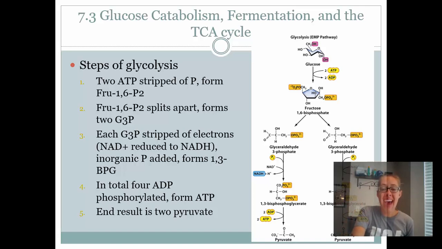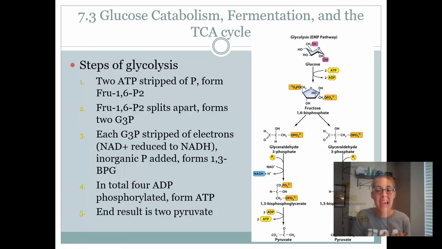We are going to add an inorganic phosphate group, which is this little yellow guy that you see here. So now we've got this one here. We're going to add another. Oh, look down here. 1,3-bisphosphoglycerate, 1,3 BPG. We've got 2 of those. They've both been changed from the G3Ps that we had, and they each have 2 phosphate groups.